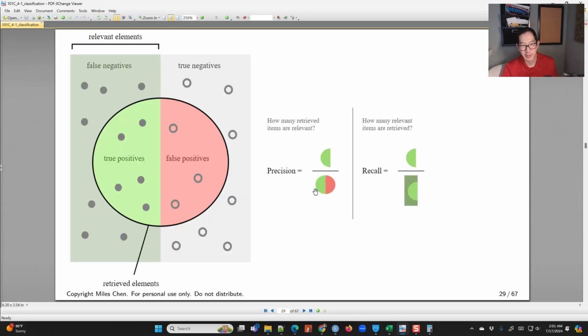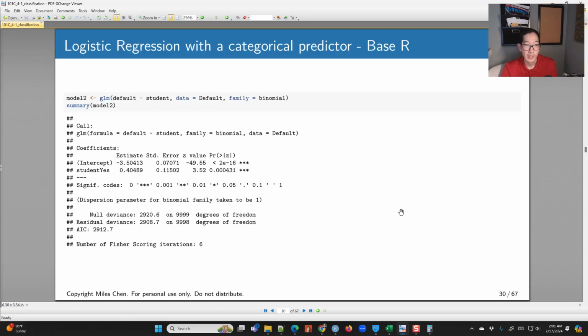Okay, so we have precision and recall. Now let's do logistic regression where we have a categorical predictor. In the credit card default data set, there's a categorical variable on whether the person is a student or not.